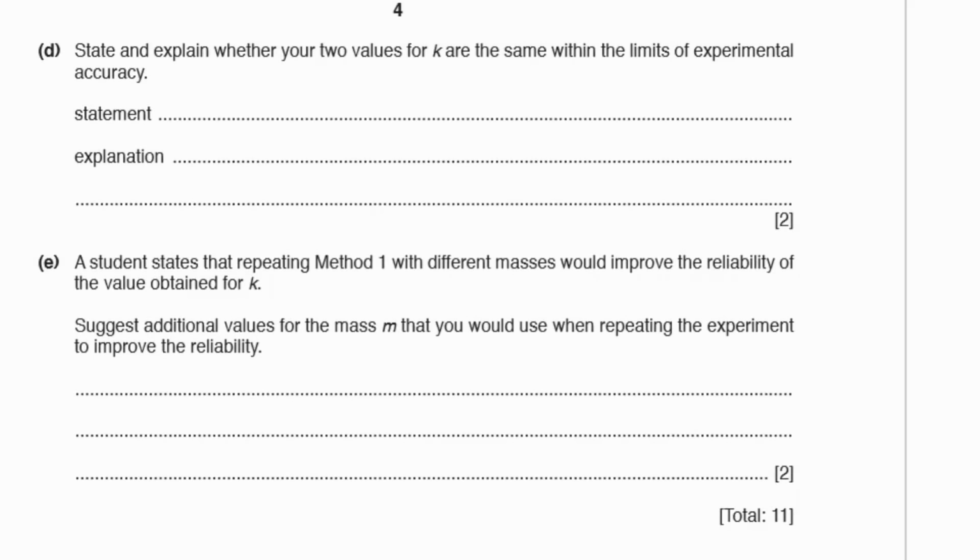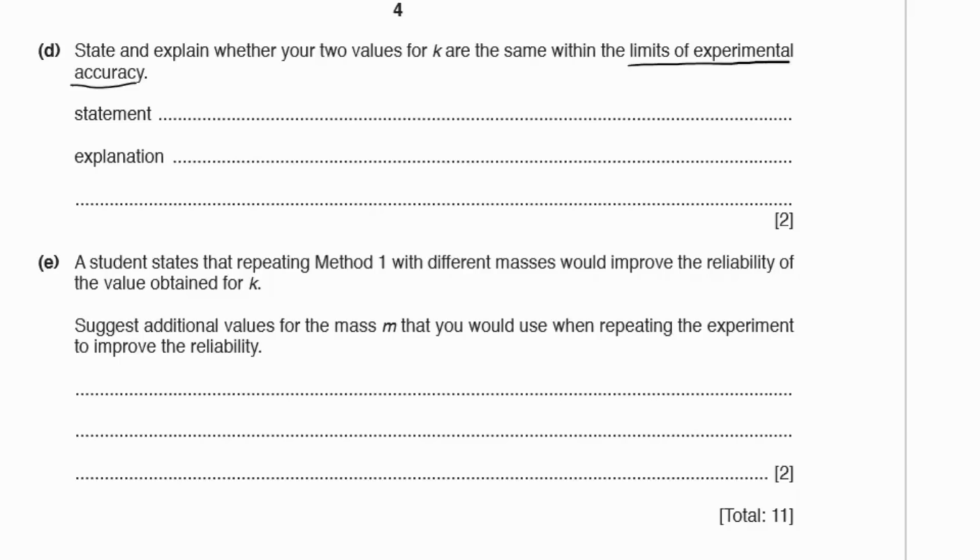D. State and explain whether your two values for K are within the limits of experimental accuracy. Ooh, interesting. Normally it asks you if they're close enough or the same or something, and you would say, yes, within the limits of experimental accuracy. Sometimes, though, they throw the limits of experimental accuracy statement into the question.